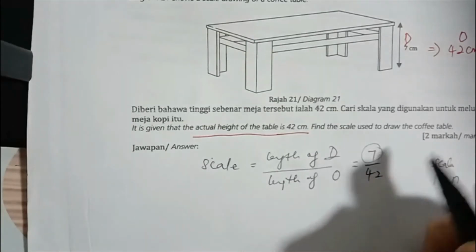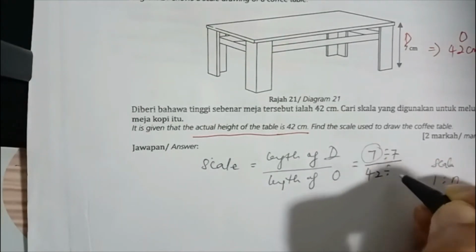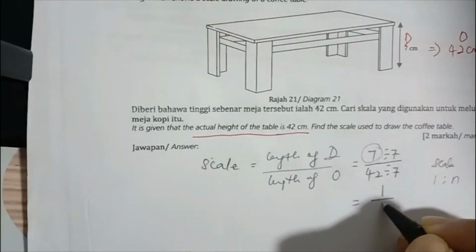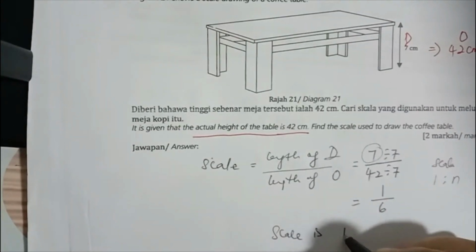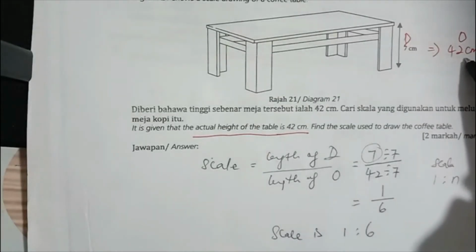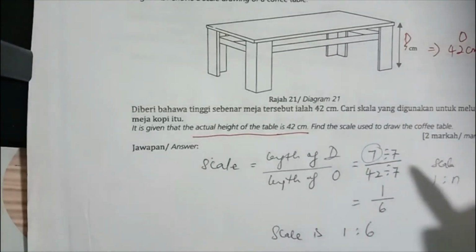So this one must be 1. So what we do, we divide by 7. At the tempat, so divide by 7. So we get is 1/6. So the scale is 1 to 6. Okay, so you can see here the actual one is bigger. Okay, the drawing is smaller because n is more than 1. Okay.